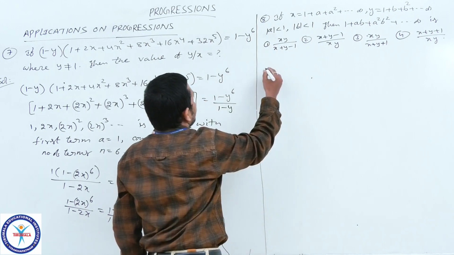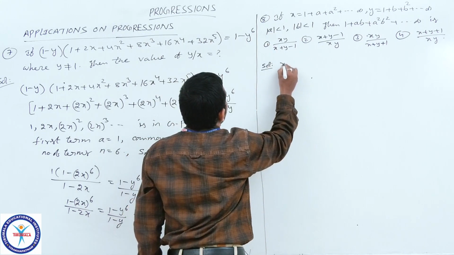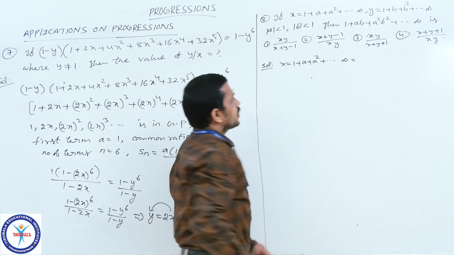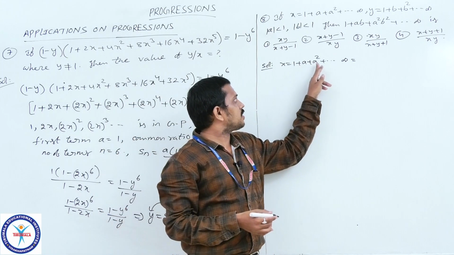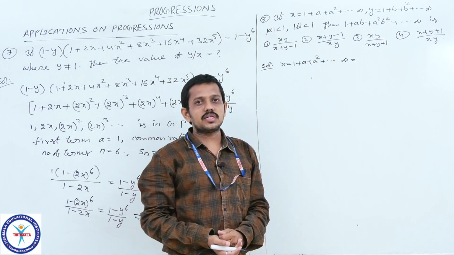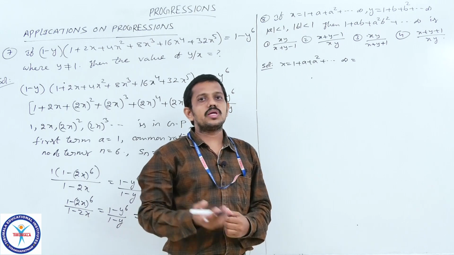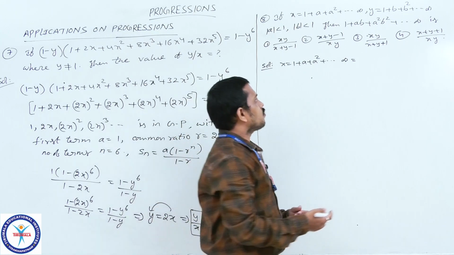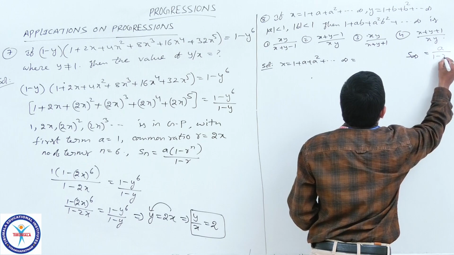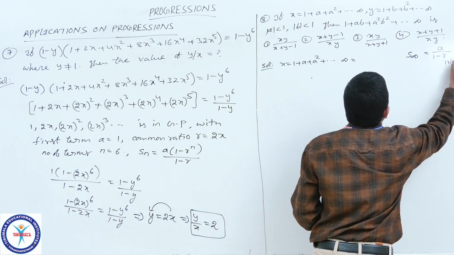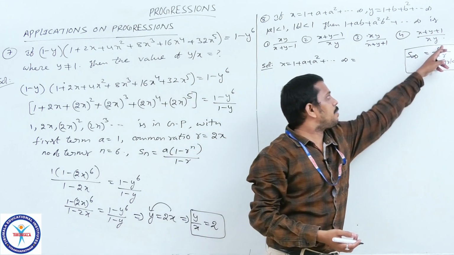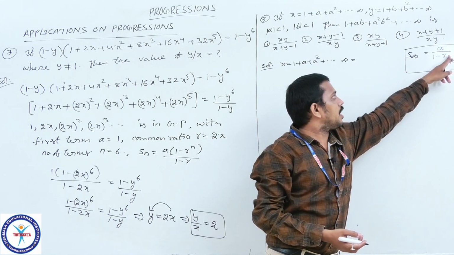So here given x is equal to 1 + a² + a⁴ and so on to infinity. Clearly this is in the form of 1 + r + r² and so on to infinity, which means this series is in geometric progression. In geometric progression, the sum to infinite terms, S infinity, is equal to first term by 1 − r if |r| is less than 1. Here a is the first term and r is the common ratio.